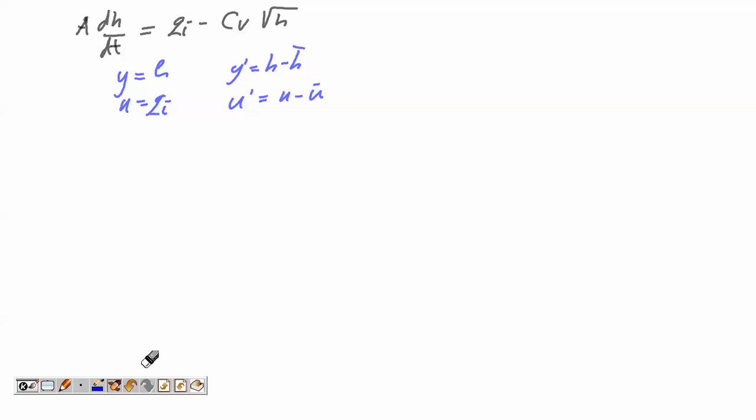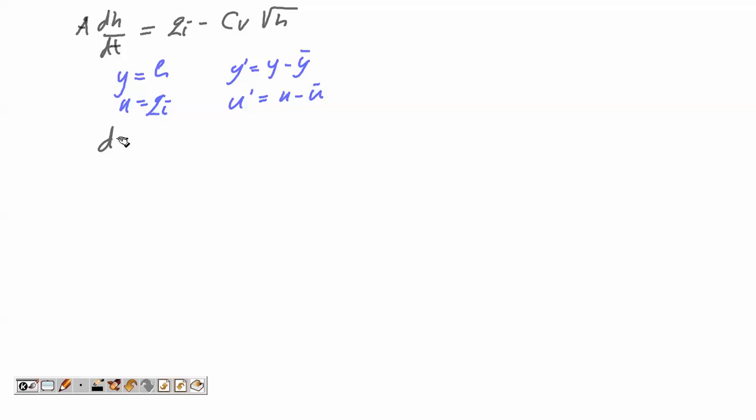Okay, sorry, in our case here y prime is y minus y bar, so we can convert our problem to the general form from the Taylor series.